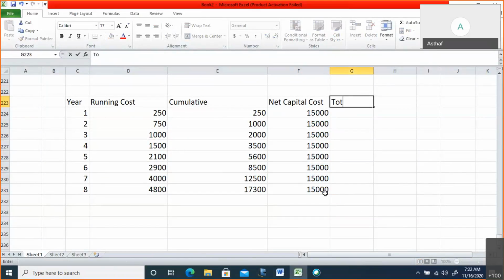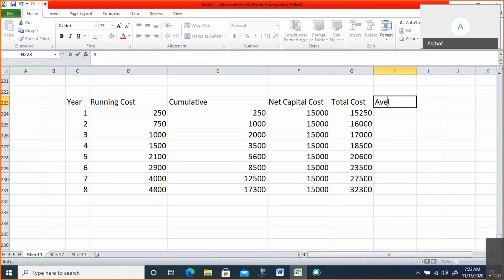So you have to find out the total cost. Please understand how the treatment works in this case. Everything else is the same; the only new thing here is the net capital cost that we have now discussed. So please find out, your answer is ready.